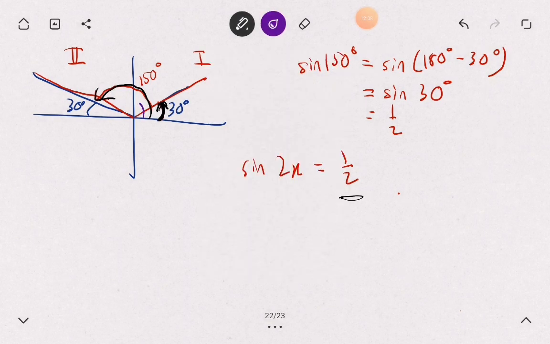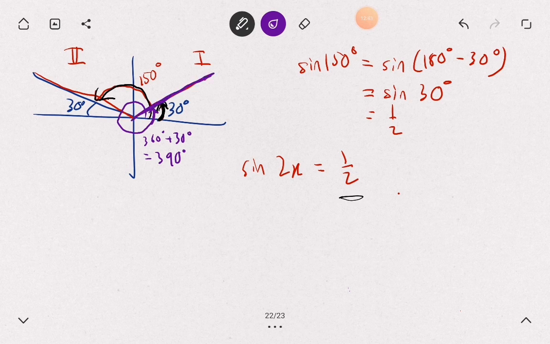Now one circle is 360 degrees. Now if I go one circle, look at the purple line, I go one circle, and then I add another 30 degrees. So this is 360 plus 30, so this is 390 degrees. You get back the same line here, the purple line.